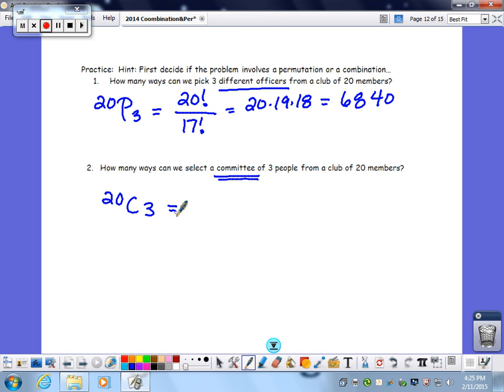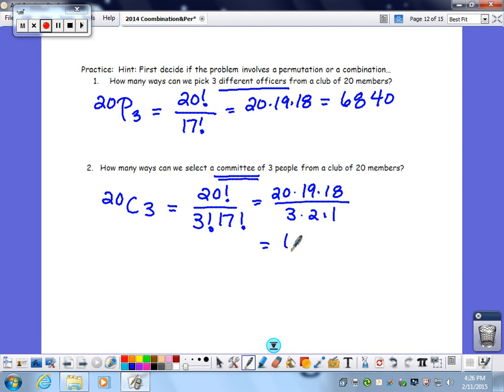All right, different formula now, right? 20 factorial over 3 factorial times the difference, 17 factorial. Remember that 3 factorial in that formula is going to take out the repeats. What do we got left? Let's simplify the big numbers. So I'm going to get 20, 19, 18 in the numerator, and 3, 2, 1 in the denominator.